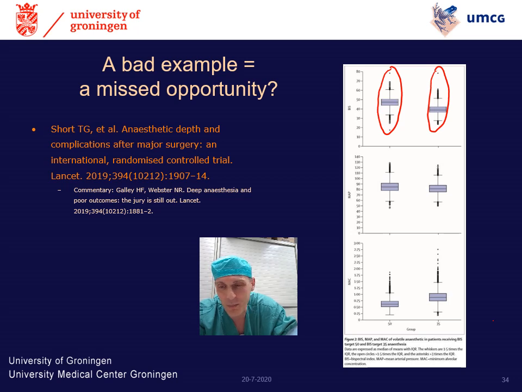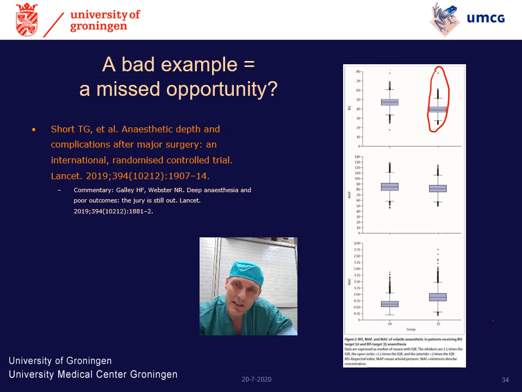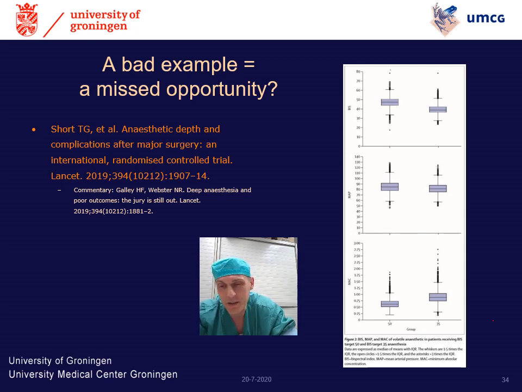So you need more consistent, reproducible titration skills to be able to do a prospective study where you target towards a BIS between 40 and 50 and a BIS that is between 20 and 30, for example. So this is an example of a missed opportunity where a better methodology on the pharmacological level could have made a difference.